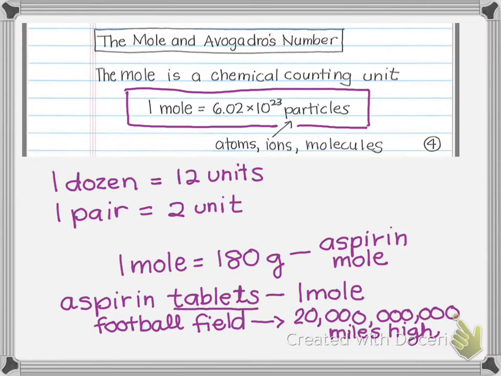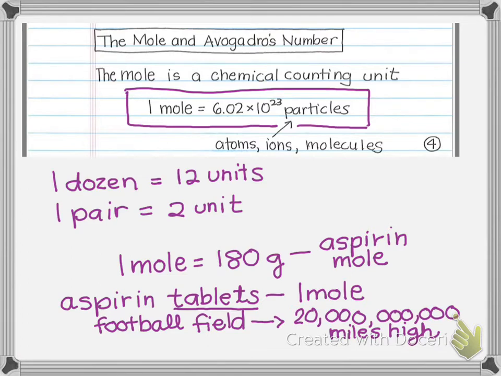Now think of how small an aspirin tablet is, and imagine me laying it out on a football field. I lay them side by side, and then in order to count up to 6.02 times 10 to the 23rd, it has to go 20 billion miles into the sky. That's a lot of aspirin tablets. That is how big 1 mole is.